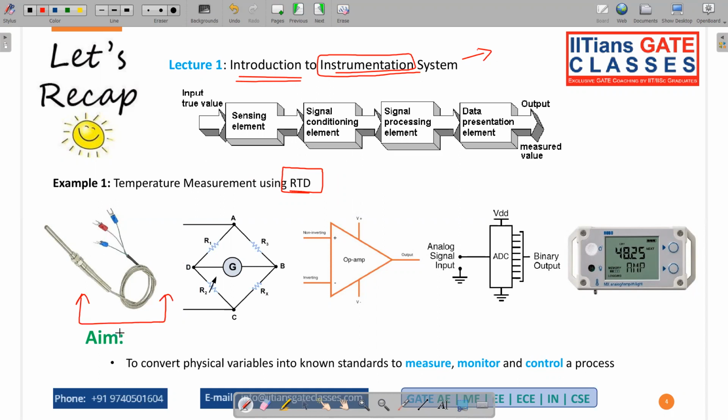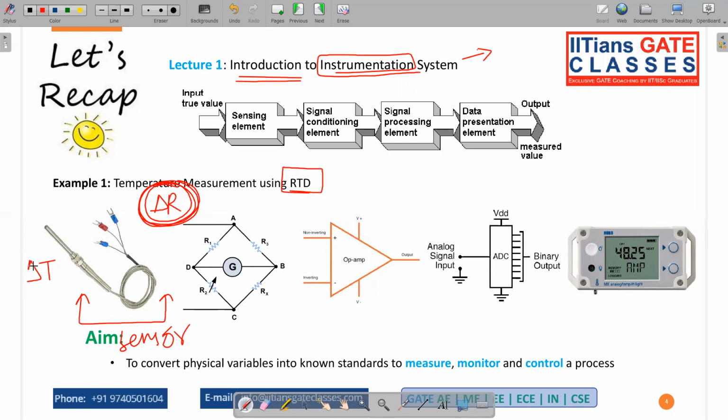Since this is RTD, it will sense change in temperature, delta T, and it will provide change in resistance, that is delta R. These things we have already studied in the last lecture. I am just trying to recap what we studied.